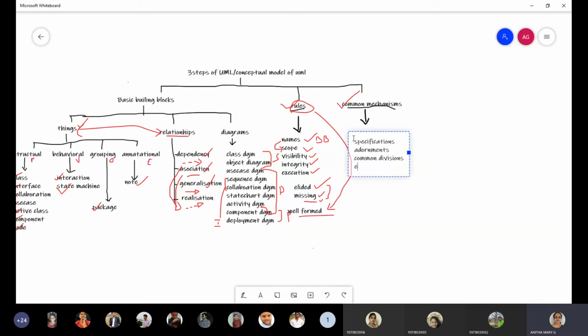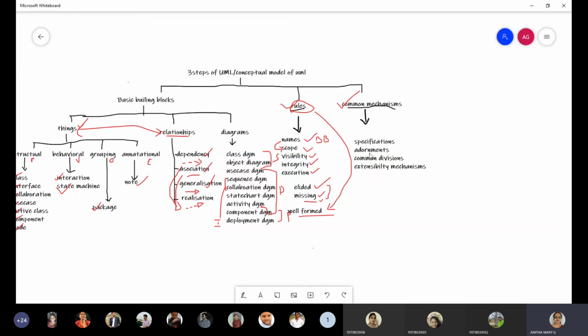And then extensibility mechanisms. And again these extensibility mechanisms are divided into 3. So when we come across those, I'll be telling.